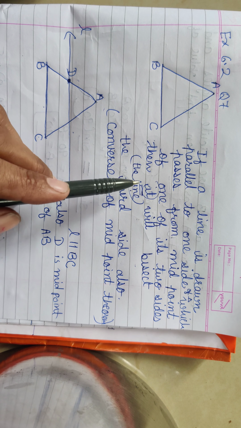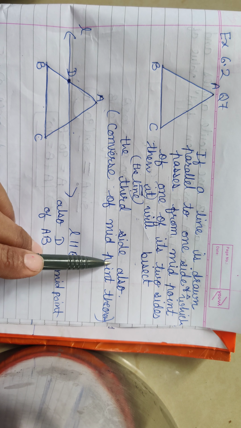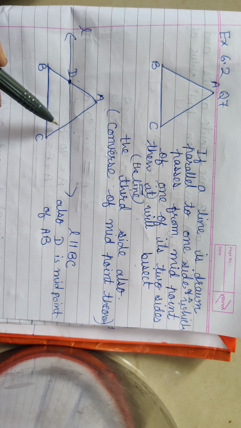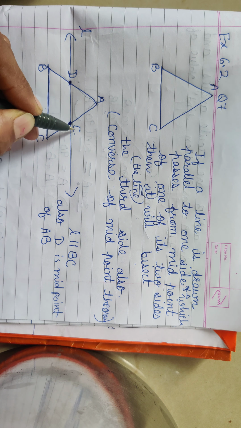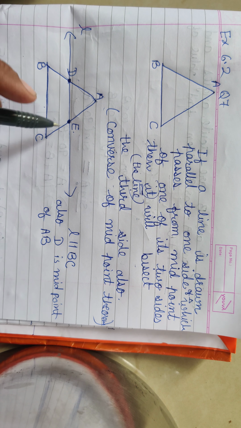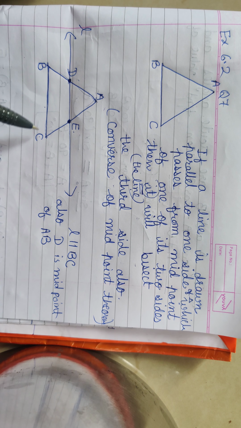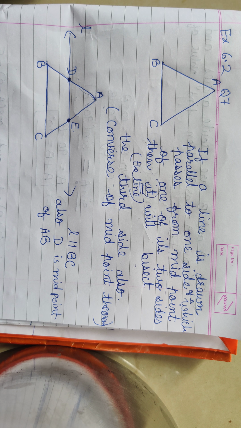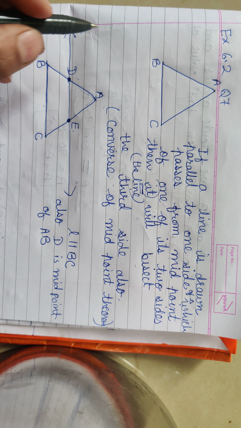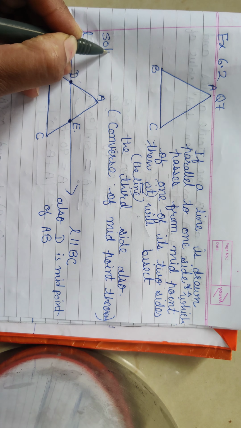Now what I have to prove is that it will bisect the third side also. Here third side is AC. This line L is cutting the third side at this point, let it be E. I have to prove that E is midpoint of AC. This is the target. Okay, so now our solution starts like this.